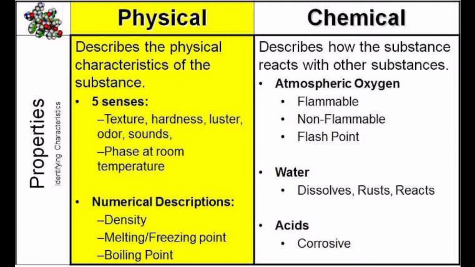So now we can summarize the physical and chemical properties as shown in the given table. Physical properties describe the physical characteristics of the substance.